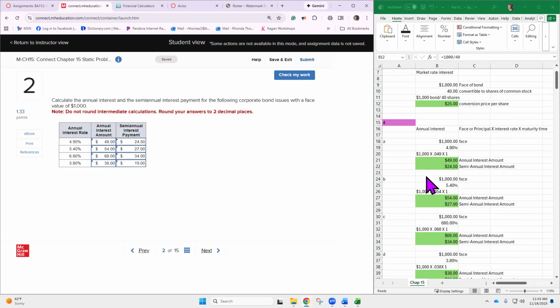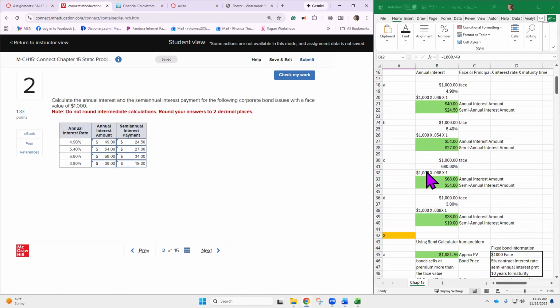Number two just simply calculates that coupon rate or contract rate of interest that's on the bond. Remember, interest rates are always stated annually unless otherwise noted. So if this was a bond that had a face value of 1,000, over here in my spreadsheet I've got $1,000 face with a 4.9% annual interest rate.